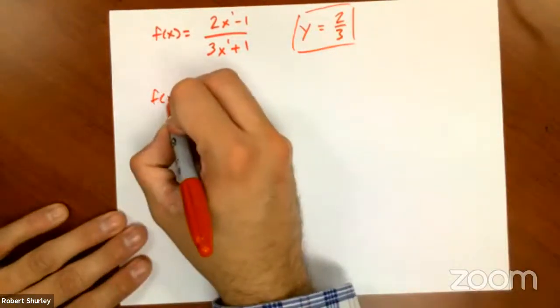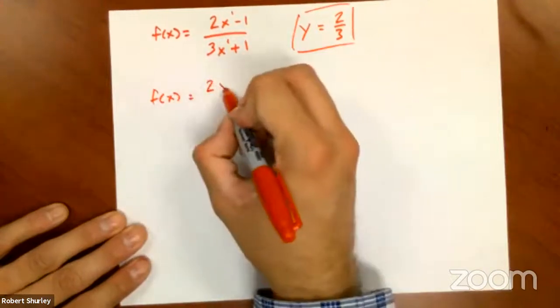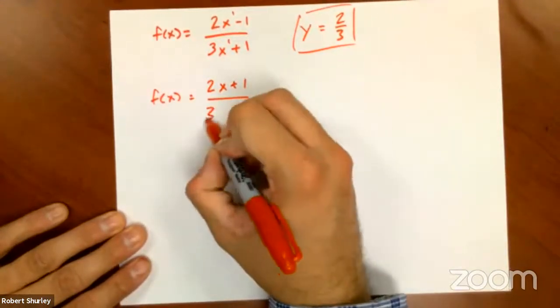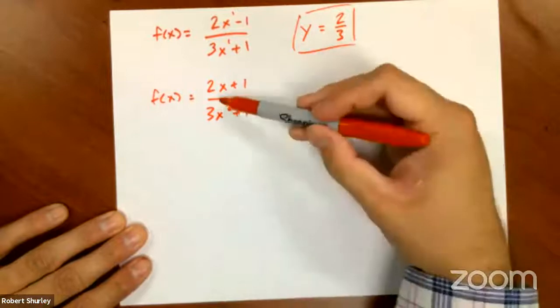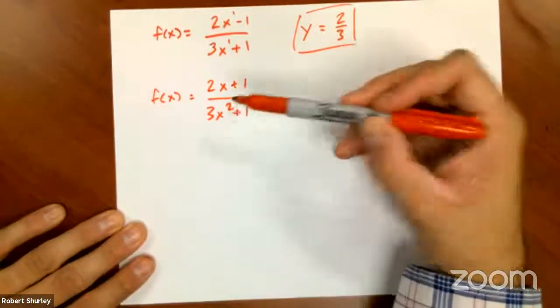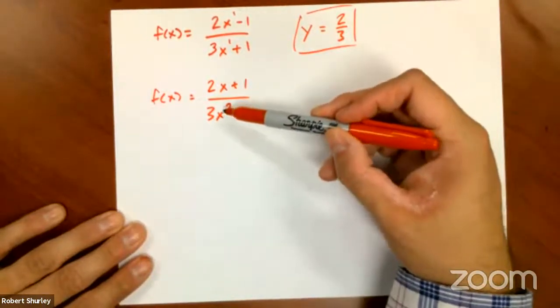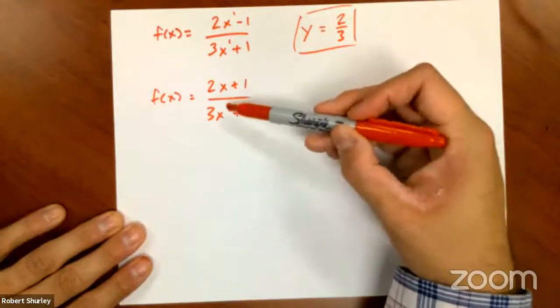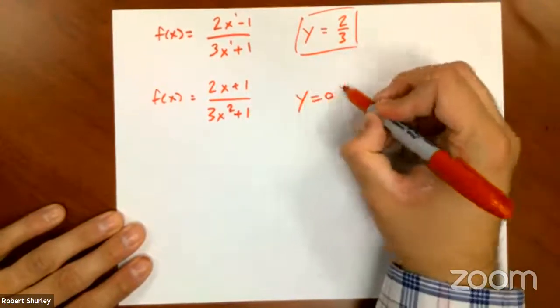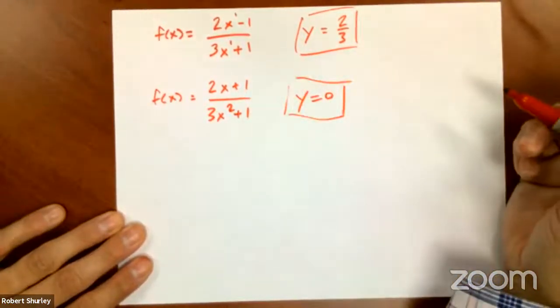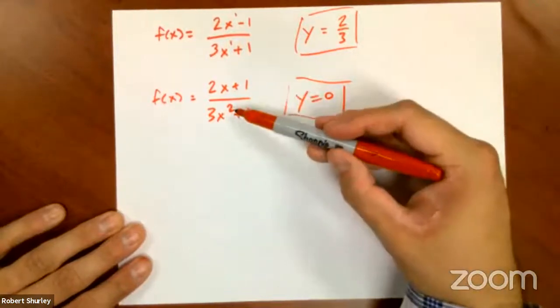Now, I'm going to use the same kind of numbers here, but all I'm changing is the bottom degree. If the bottom degree is larger, so this is a 2 and this is a 1, then it was y equals 0. So this could be like 4 or 5, it doesn't matter.